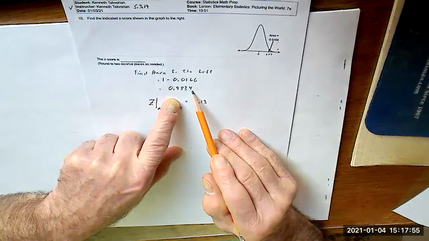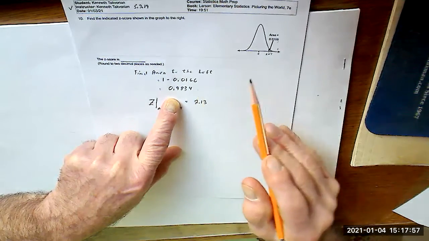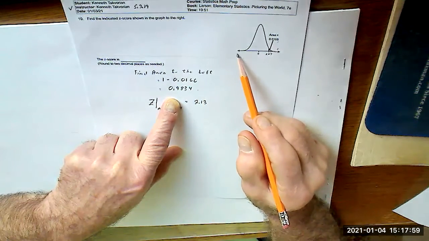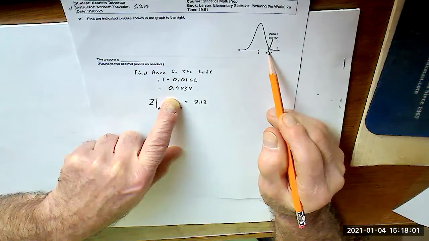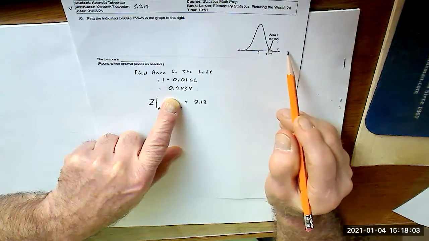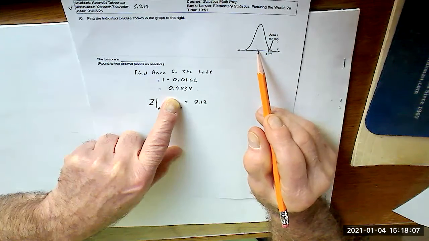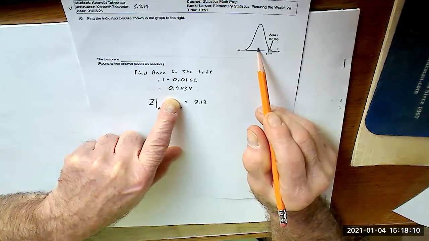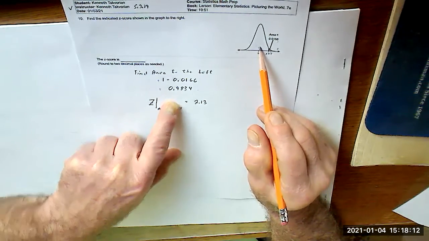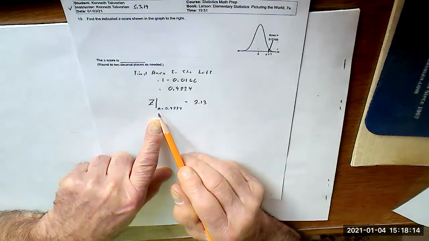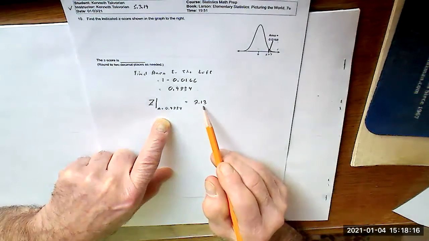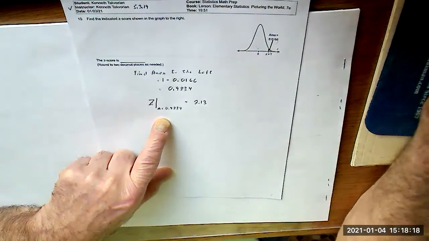And the reason we're doing that is, remember, the z-scores are always given for the area from the far left all the way up to the z-score. Since we want everything to the right, we have to subtract this area from the total area to come up with the white area. The z-score corresponding to that area is 2.13.